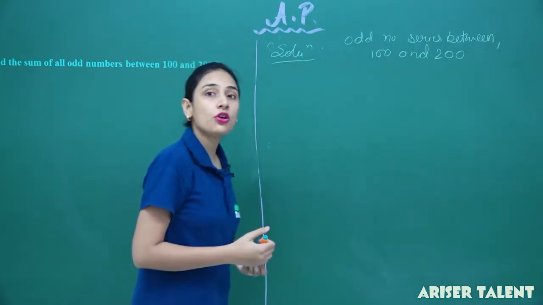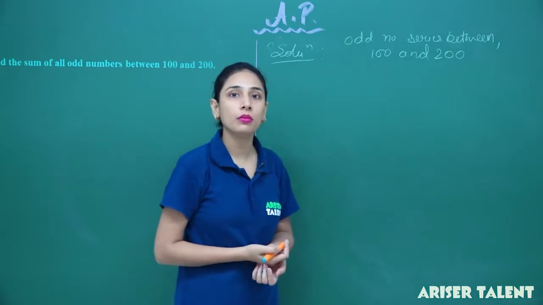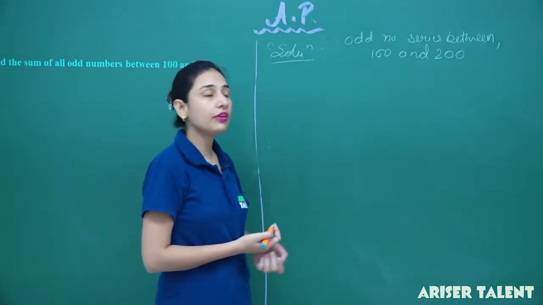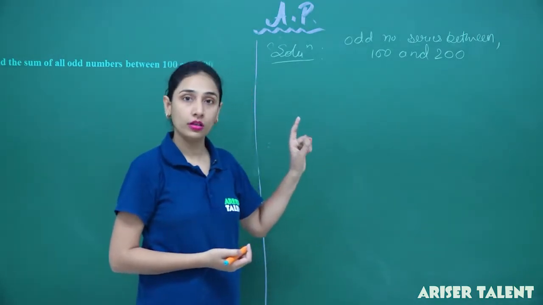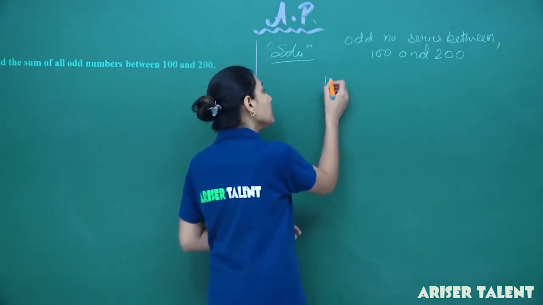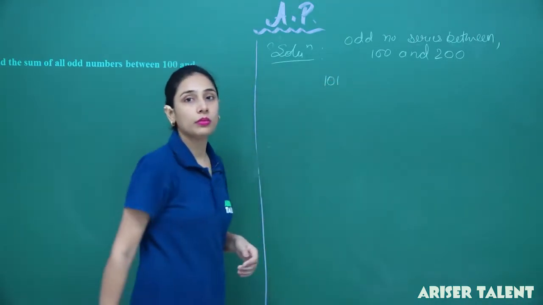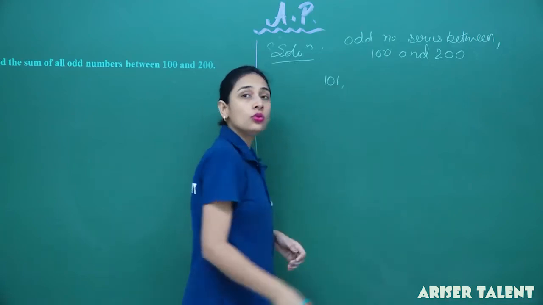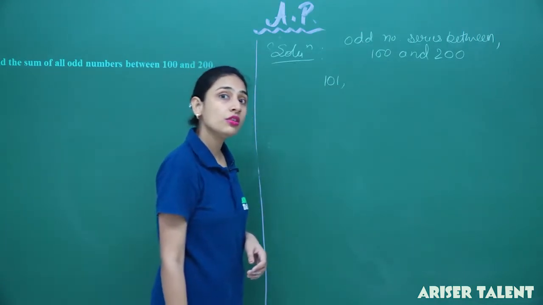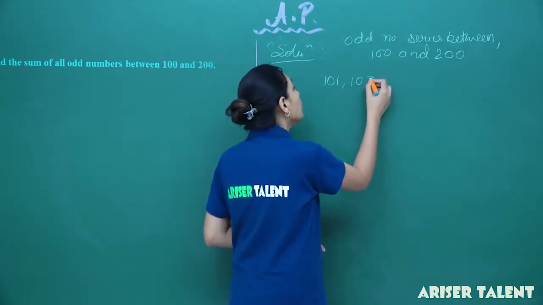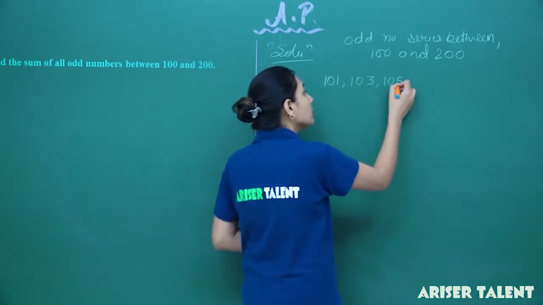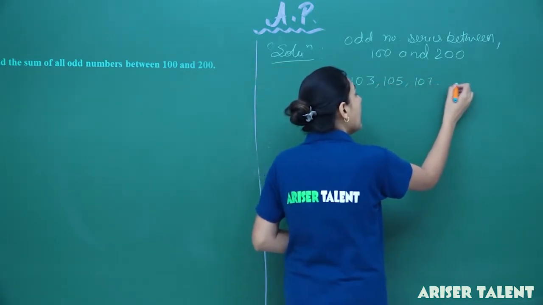Okay. So first odd number, 100 is odd number or even number? Clearly it's divisible by 2. So it will be even number, so 101. Now it is an odd number. Now again 102? No. 103? Yes. 104? No. 105? Yes. 106? No. 107? Yes. And so on.